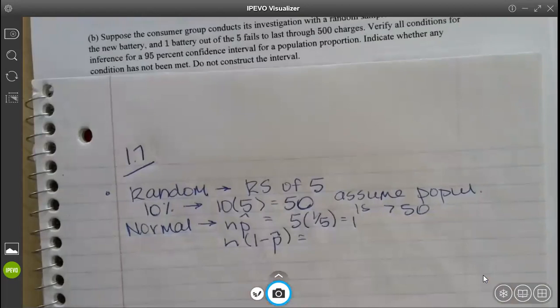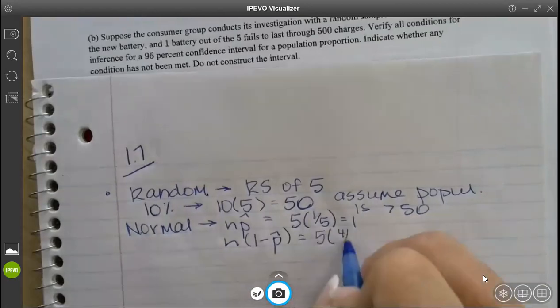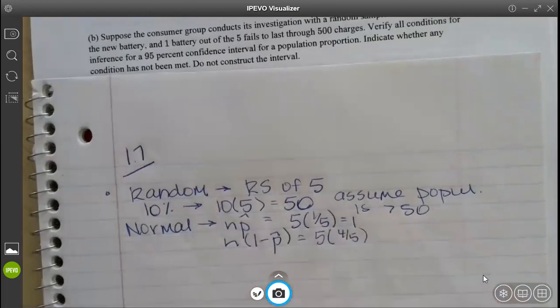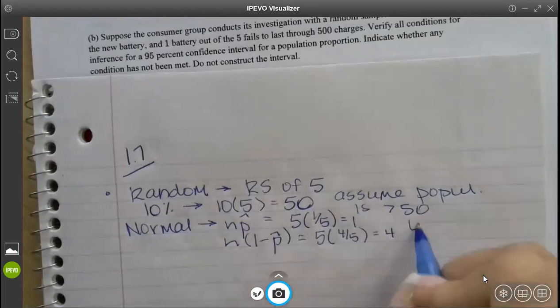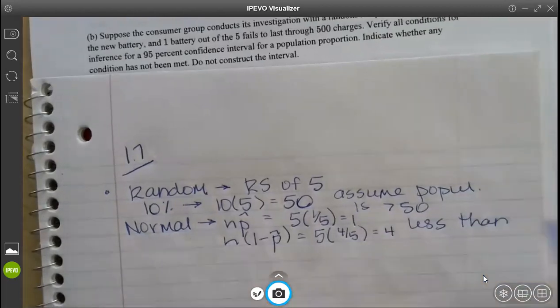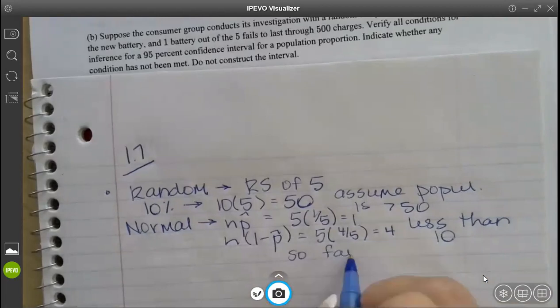So this gives you 1. The next one will be 5 and 4 out of 5, which gives you 4. Both are less than 10. So this one fails. That's all you got to have.